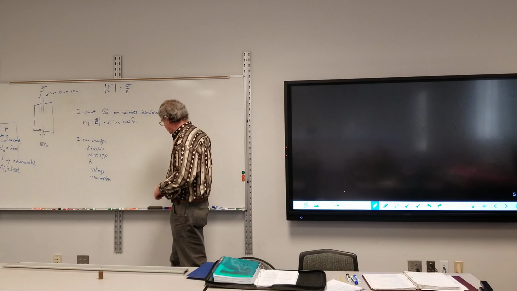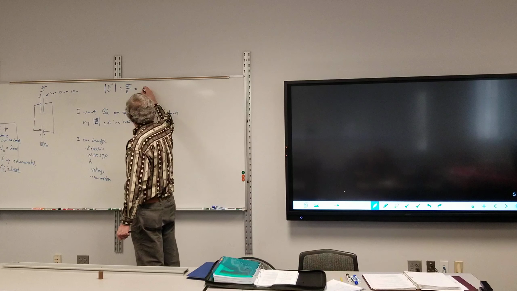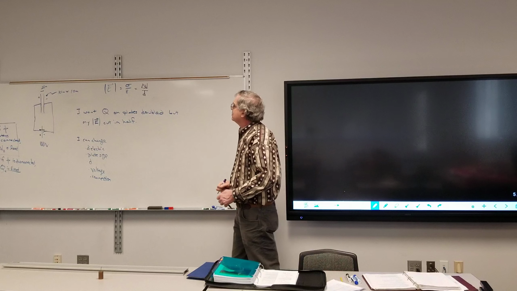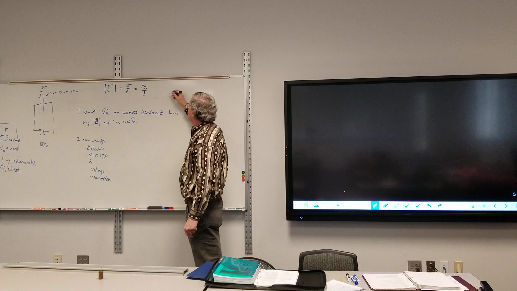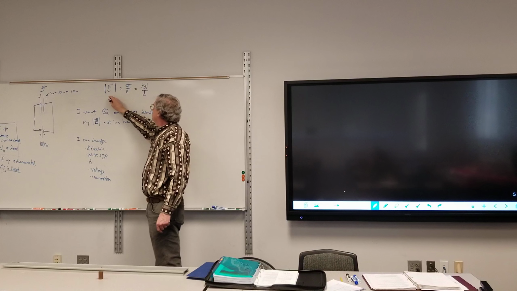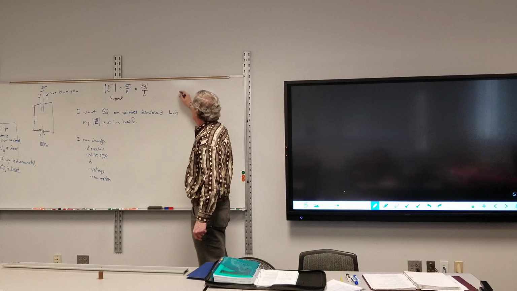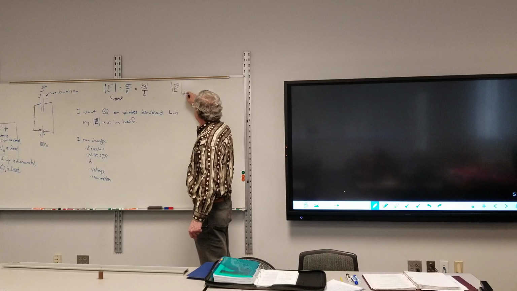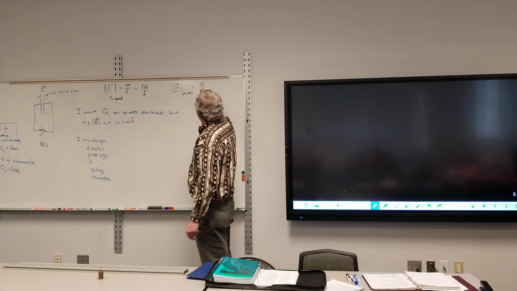This would also be equal to the potential divided by d. And so this is the total. If I'm looking at the electric field from just the plates, that would be sigma over epsilon sub naught.